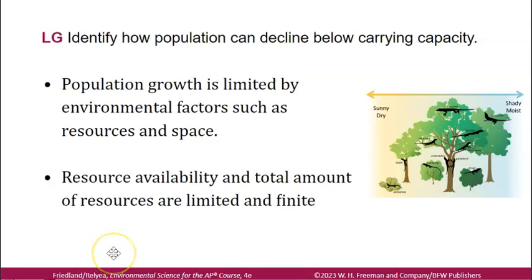All right, so populations can decline below carrying capacity if species that help other species die off, or if humans alter a landscape, and your other resources are limited and finite, they can push against the carrying capacity of other species.